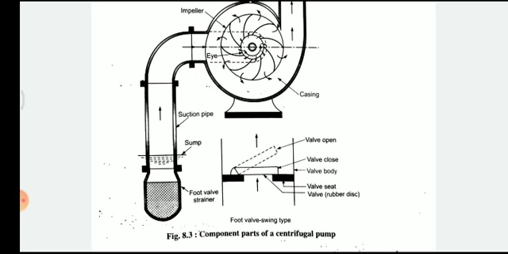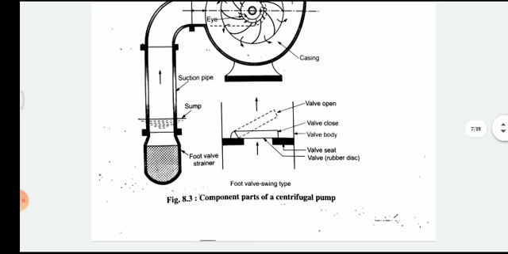What happens here: if the suction starts, the valve automatically opens, and when the electricity stops and the pump is not working, the valve automatically closes. The dotted line indicates the valve in the open condition, and the solid line represents the valve in the closed condition. The outer vertical line indicates the valve body.